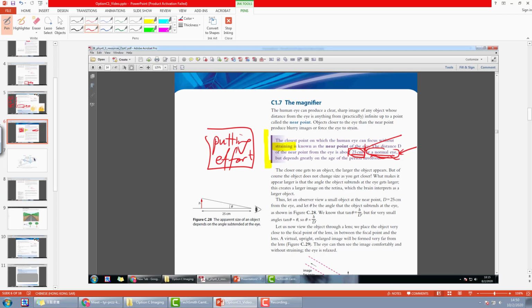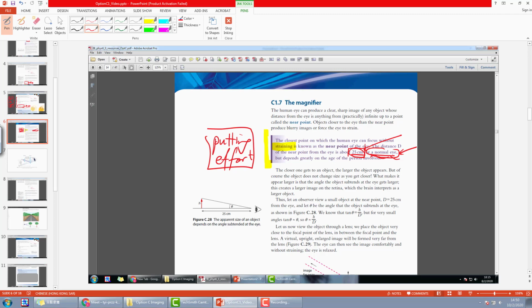Without glasses, you can try to read books very close or very far from your eye. You will find you can still see it, it's just that you have to stretch or contract your muscles very hard. Then that wouldn't be the so-called near point.